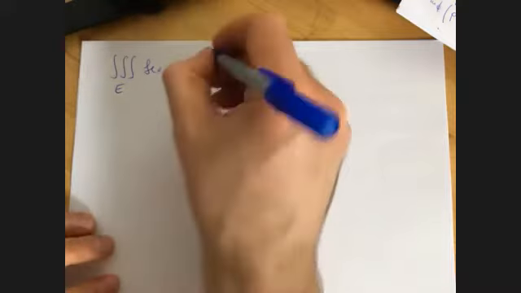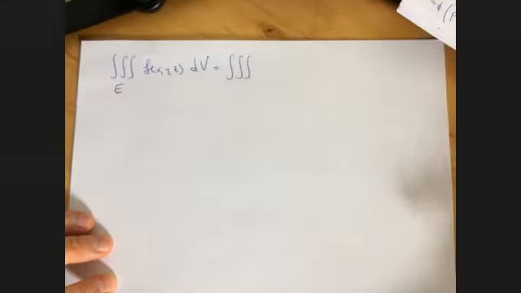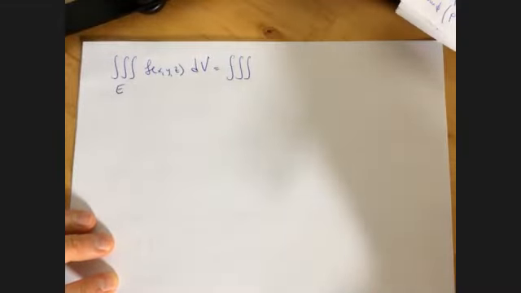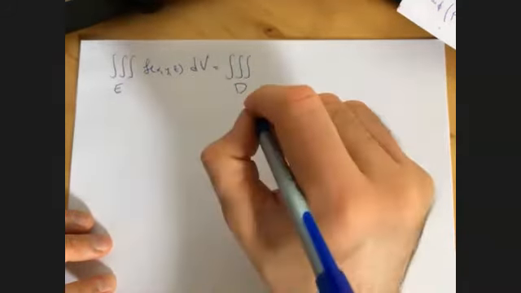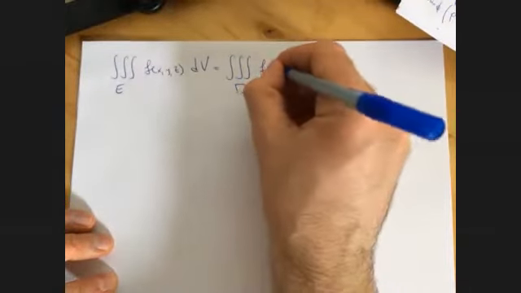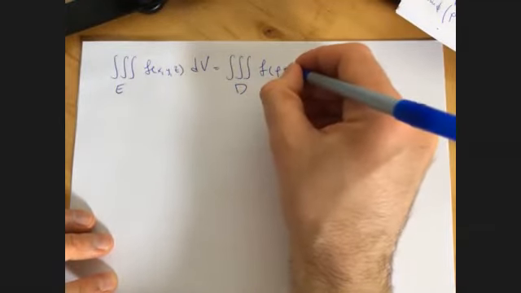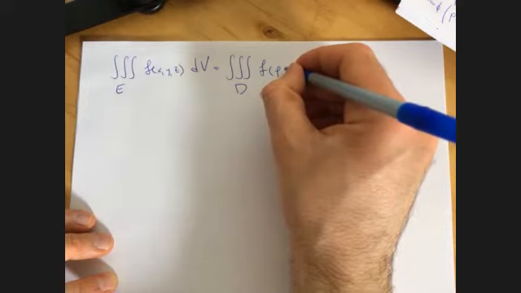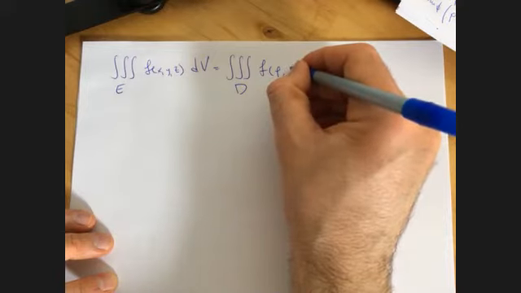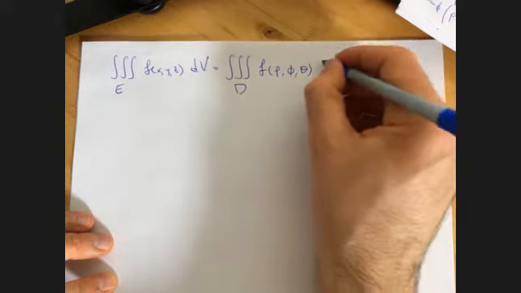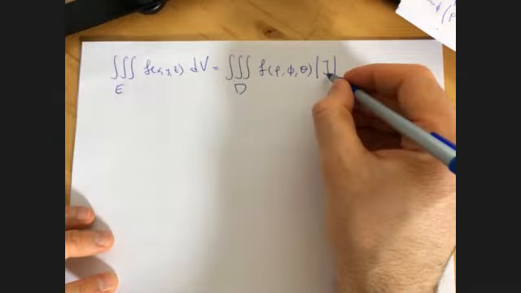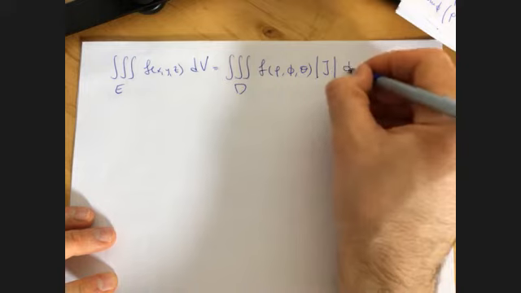What did I say last class? When we change these variables, this is going to be over some, let's say, region D, and I have a function here of rho, phi, theta times the determinant of the Jacobian, and then let's say dw.